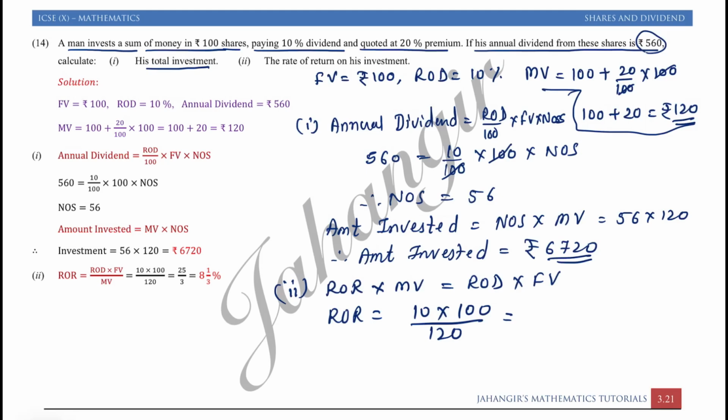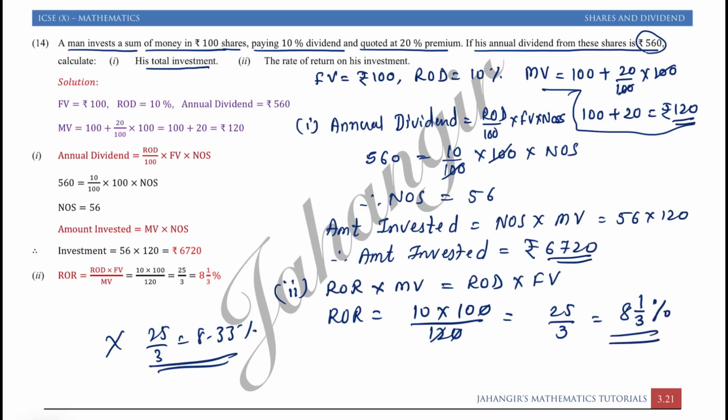So cancelling 0 and 0, 4 25s are 100, 4 3s are 12. So whenever you get 25 by 3, don't write 8.33%. That is not acceptable. This is wrong. Always write answer in the mixed fraction format. So this is 8 1 by 3%. So therefore ROR, rate of return, is 8 1 by 3%.